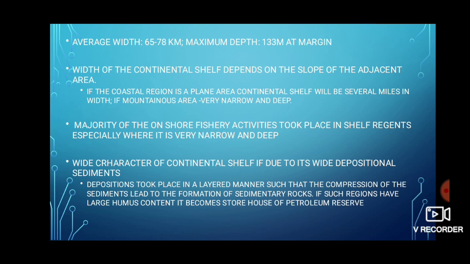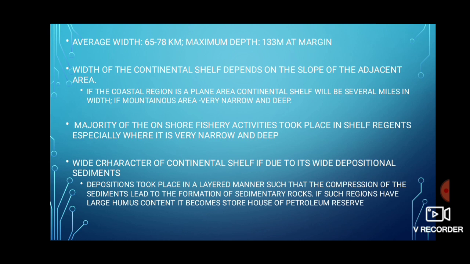The width of the continental shelf generally depends upon the slope of the adjacent area. That means if the coastal region is a very plain area, the continental shelf will be several miles in width. At the same time, if the coastal region is a hilly or mountainous area, the continental shelf will be very narrow.